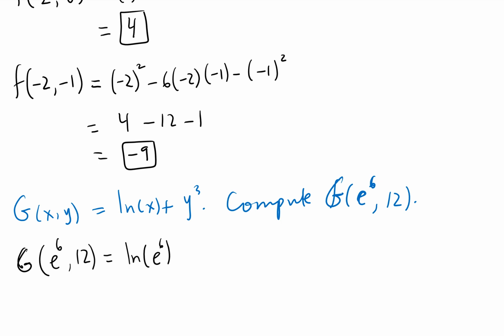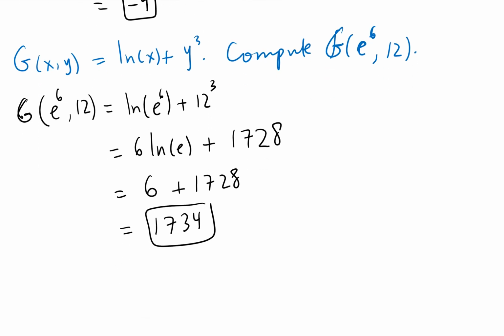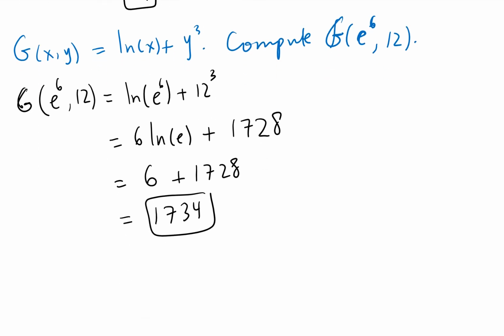Natural log of e to the 6 plus 12 to the 3rd. What do I do with this? You can bring the 6 down, 6 natural log of e, plus 12 cubed, which is 1728. Natural log of e is 1, so 6 plus 1728 gives us 1734.